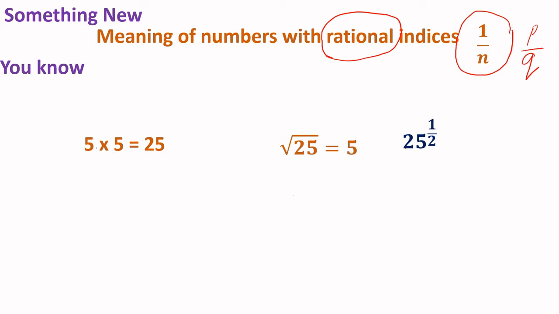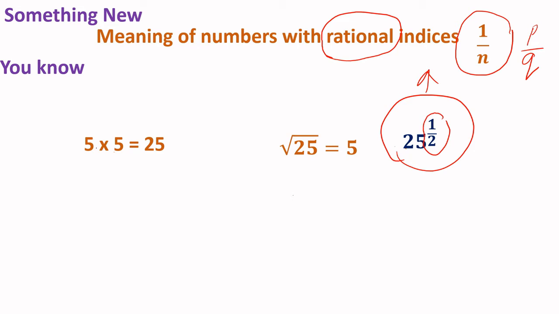Now, we can present the square root of 25 in the form of 25 raised to 1 upon 2, 25 to the power of 1 upon 2. This representation, where index is written in the form of p upon q, is what is mentioned here: rational indices, 1 upon n format, or p upon q format indices.